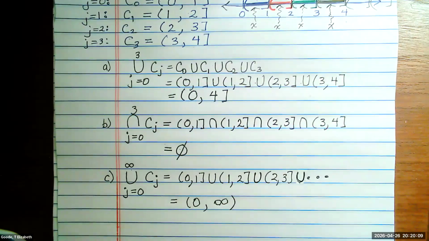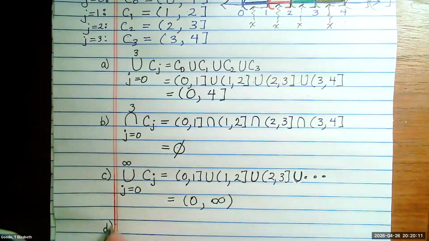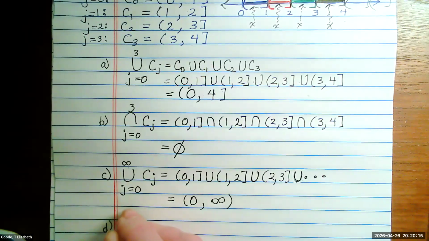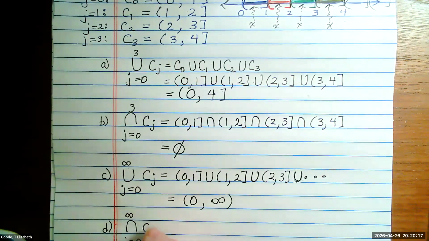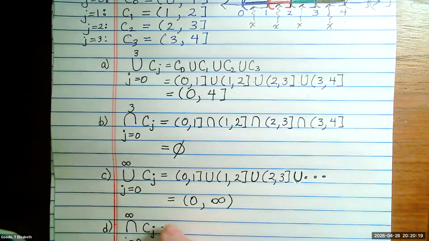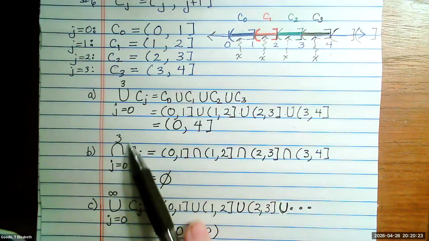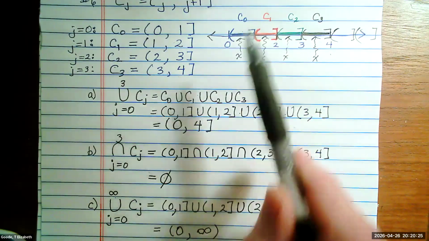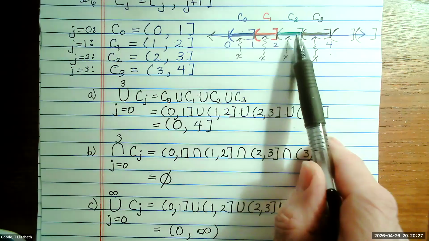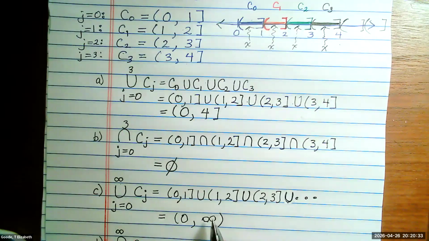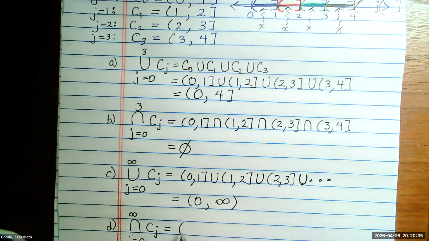Okay. And then the next question was the intersection from j equals 0 to infinity of the C sub j's. Well, we already found that there weren't any elements in the intersection from 0 to 3. There is no x that's in all four of those. Adding more to the intersection doesn't help our cause as far as finding elements.